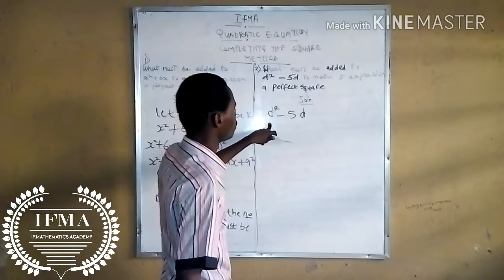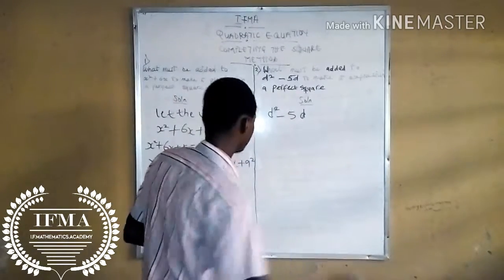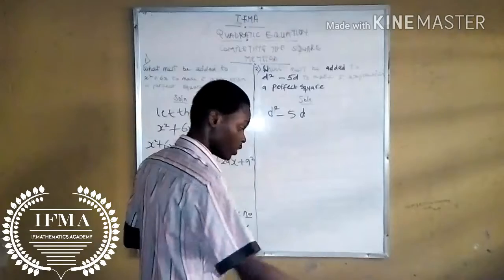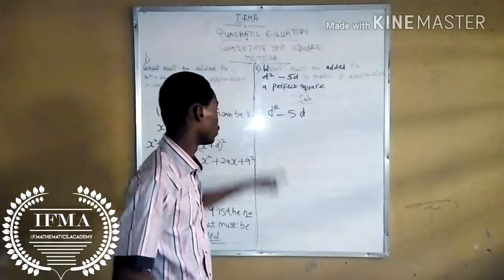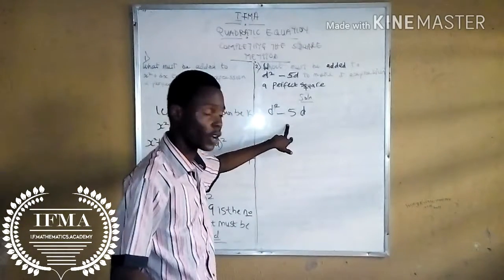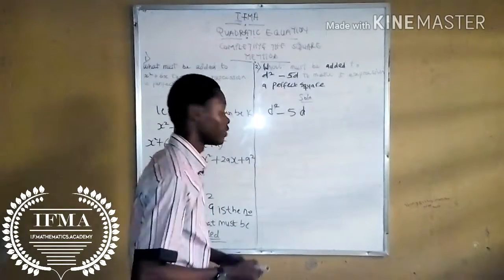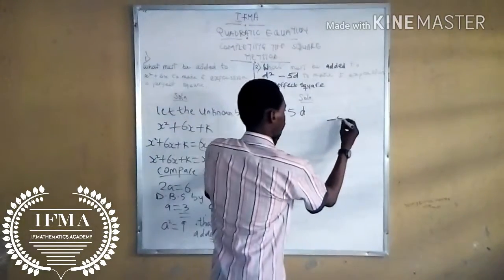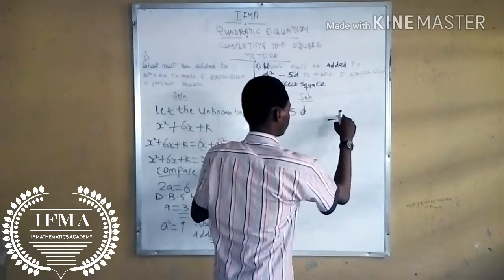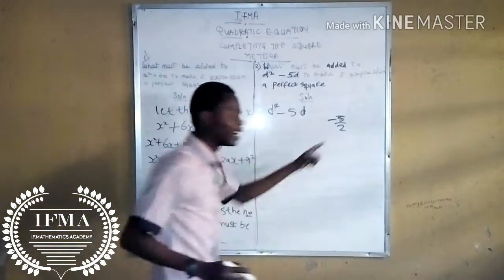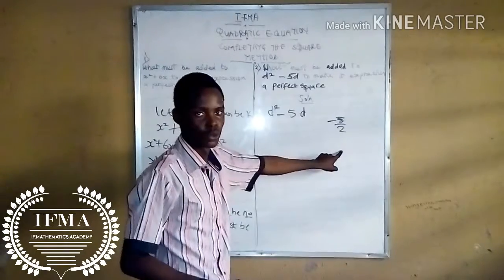This is the equation. After that, guess what we're going to do? We are going to divide the coefficient, minus 5, by 2. So that will be minus 5 divided by 2.